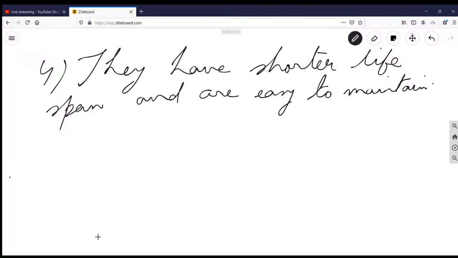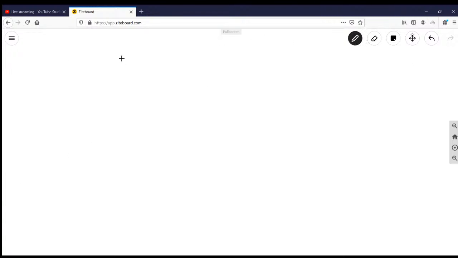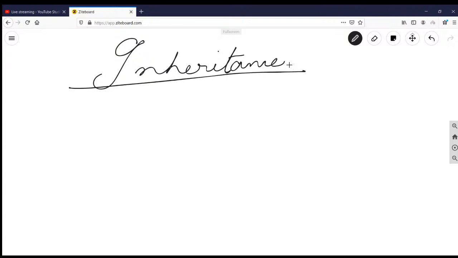Now, several things that I'll be telling you here. The meaning of inheritance. First of all, let's come to the meaning of inheritance. Parents and offspring often share observable traits. You might have noticed.